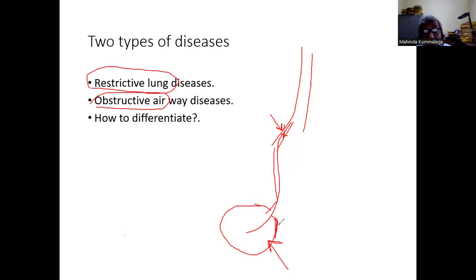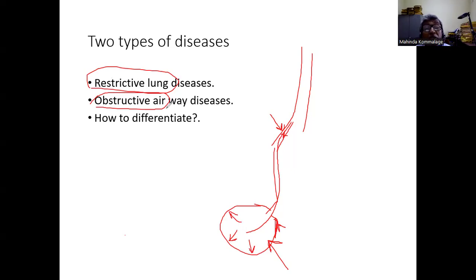and the fibrous deposition of tissue will prevent expansion of the alveoli. The alveoli cannot expand adequately. So they call it restrictive lung disease. Restrictive for the expansion, right? Restrictive lung disease or restrictive alveolar disease.